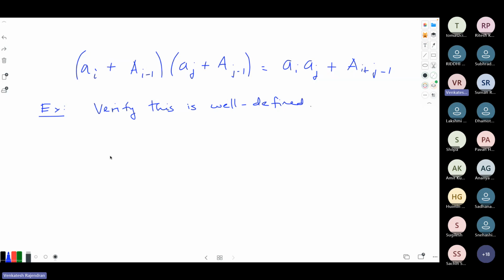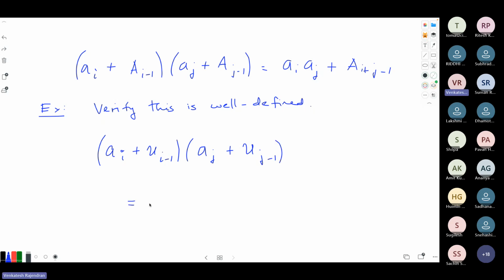Let me do it in one line. If you change the representatives like this, a_i plus some u_{i-1}, and a_j plus some v_{j-1}, this is the product you have to consider.